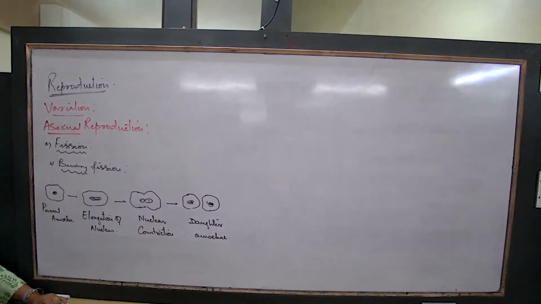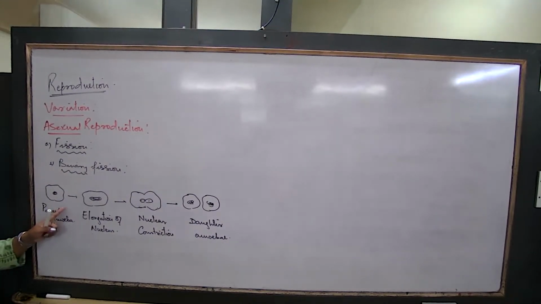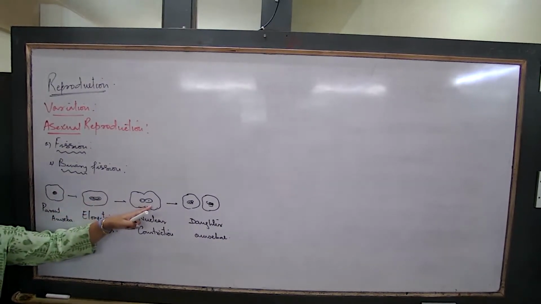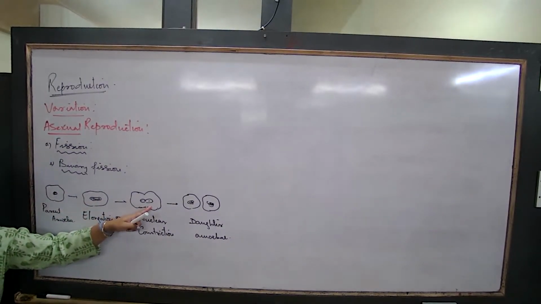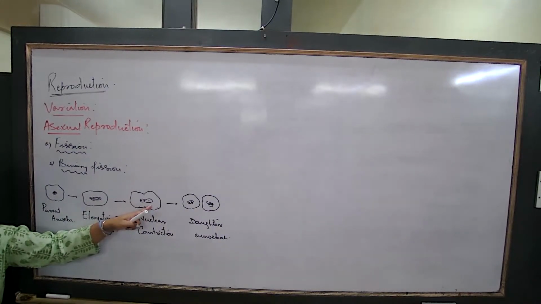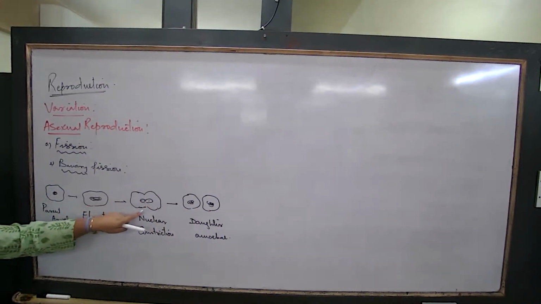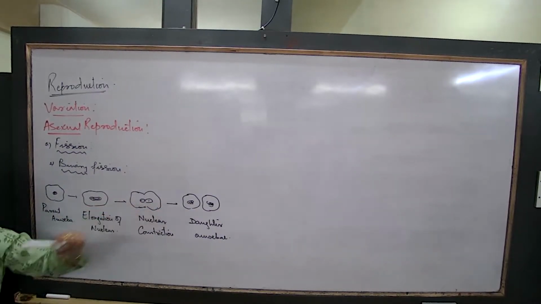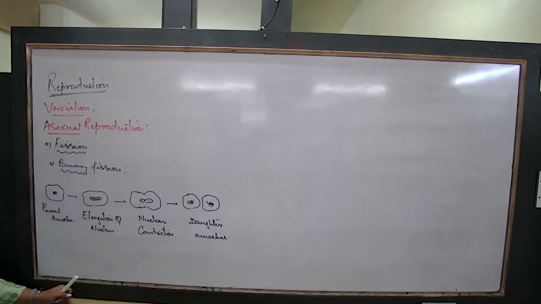What is this method? What are the changes? Just see here, so simple. We are talking about the parent organism. The nucleus gets elongated, followed by the constriction of the nucleus, and this would be followed by the constriction of the cytoplasm later, and the 2 cells are apart.